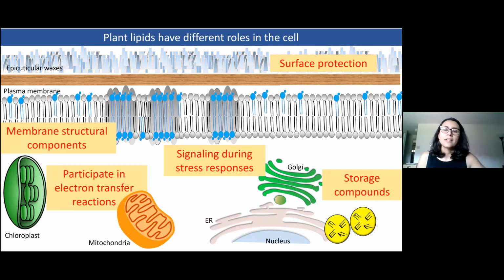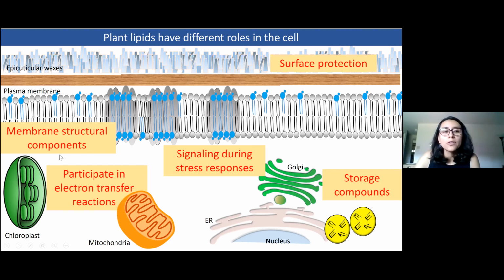They also help keep the plant from losing a lot of water, depending on the environmental conditions. We also have the different lipids that form membranes. As you know, plant cells have a plasma membrane, and they also have other organelles inside the cell, and they all have membranes, formed by glycerolipids, phospholipids, and sterols.